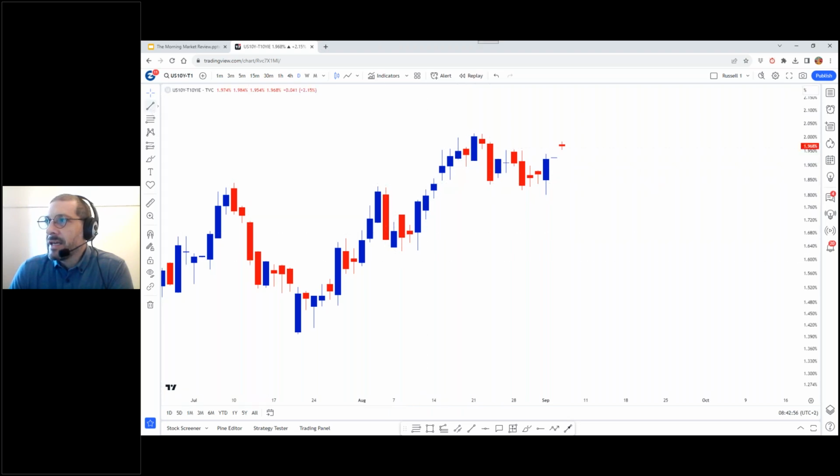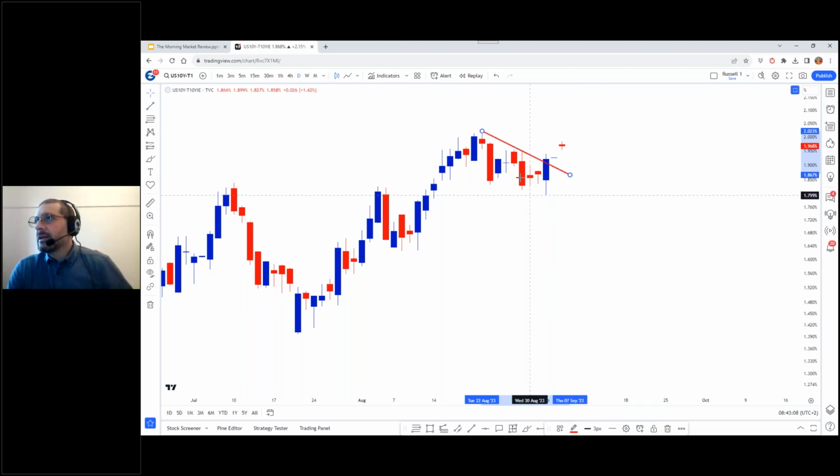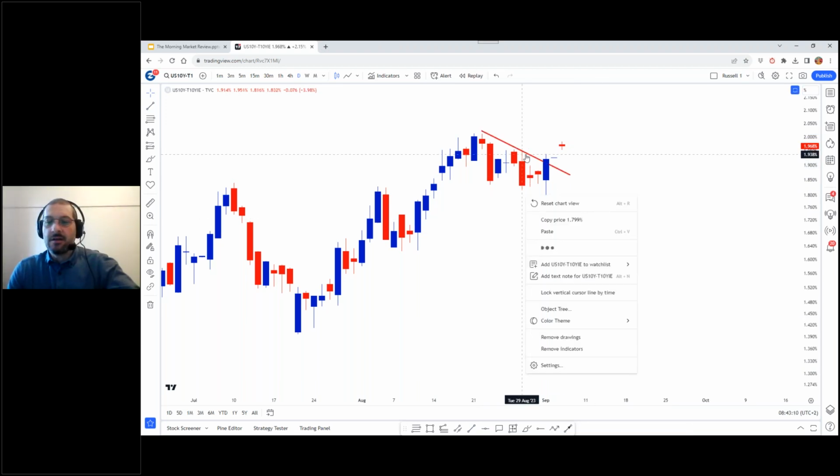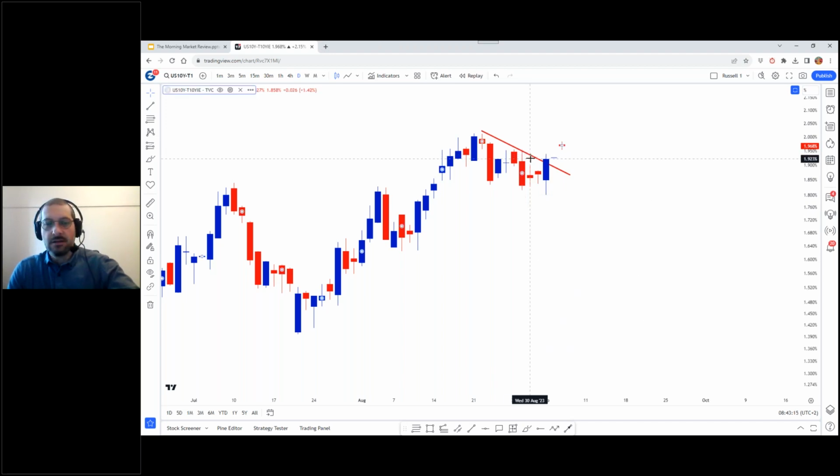Now, what we have here looks like a continuation pattern in terms of technicals. Let me just make this into a parallel. Let's just draw the parallel line across.